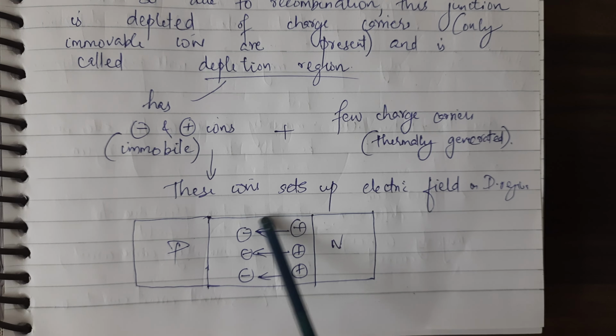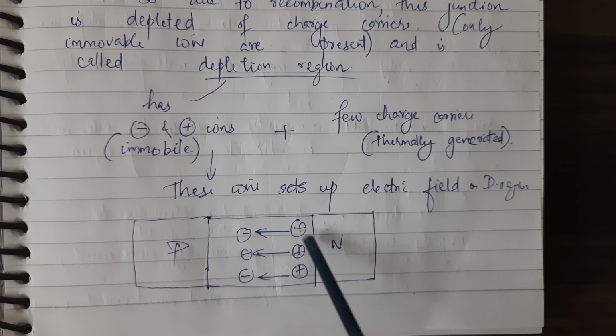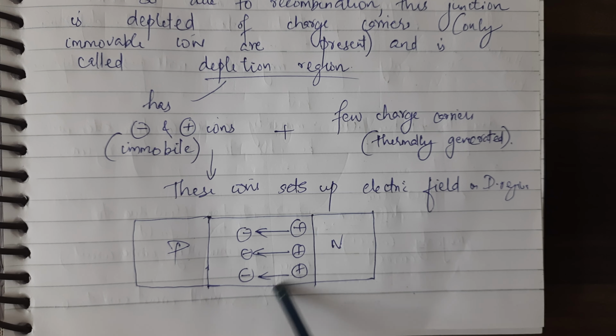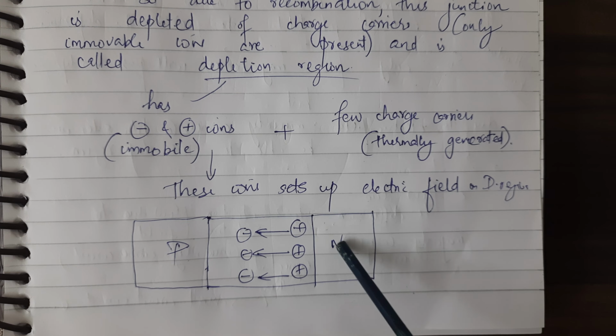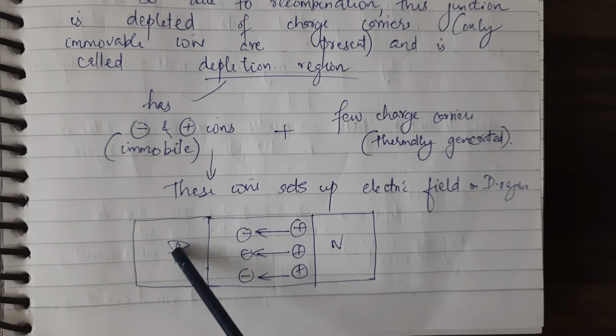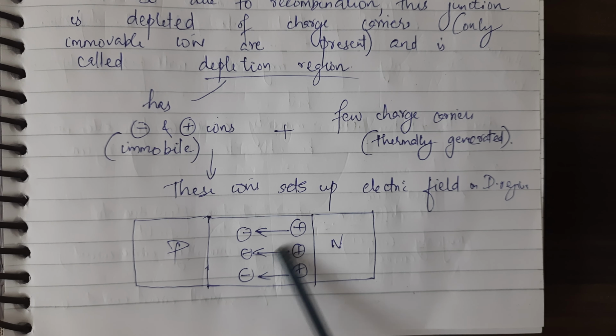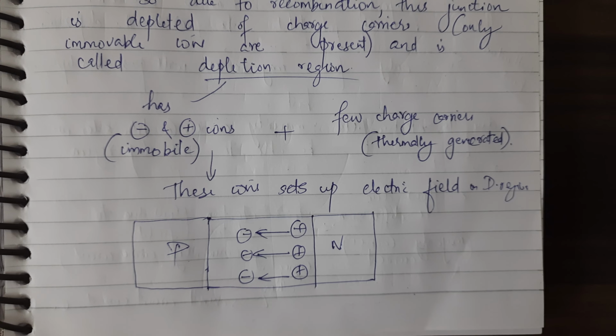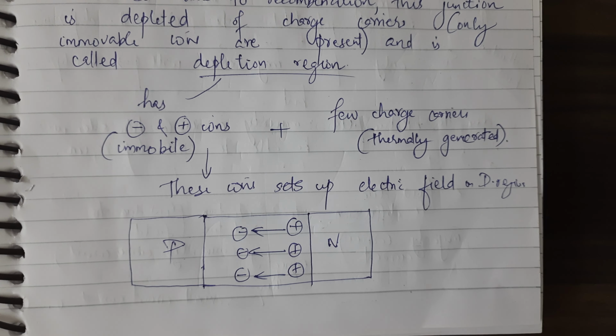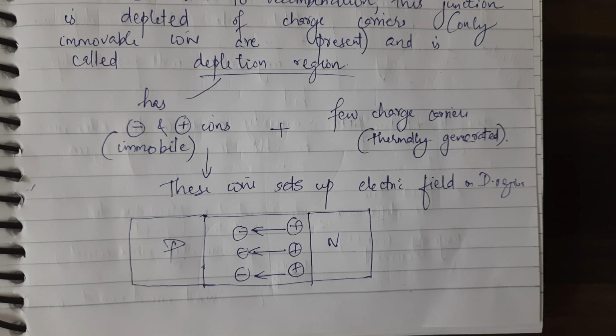This region is depleted of carriers. That is why it is called the depletion region. Due to this electric field, there won't be any flow of electrons from n to p and holes from p to n, and it creates a barrier for the flow of the charges, which we call the barrier potential or the built-in potential.